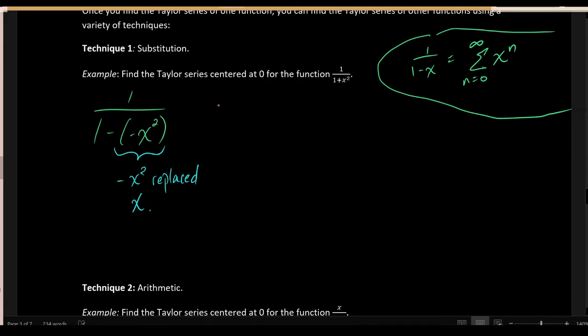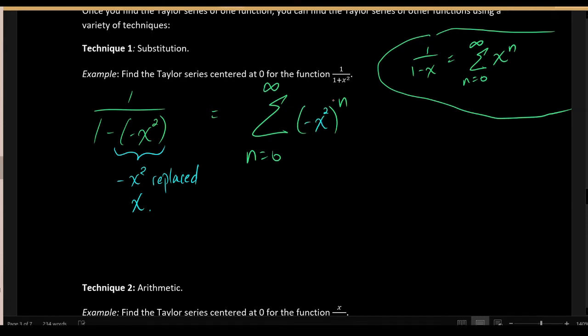So I'm going to do exactly the same substitution in the series on the right. Instead of raising x to the power n, I'm going to raise the substituted quantity negative x squared to the power n.